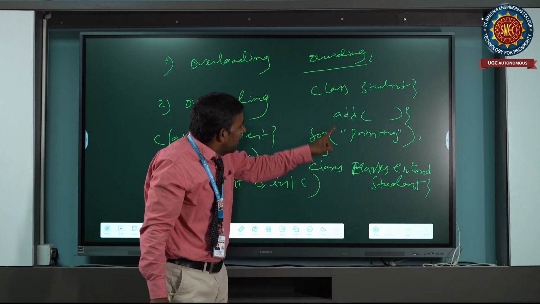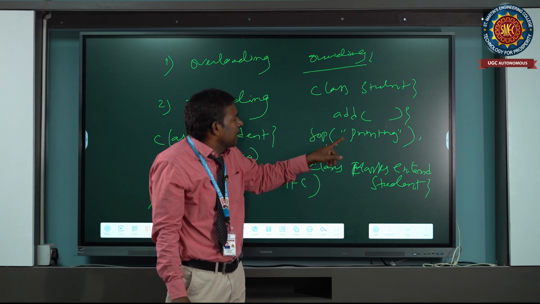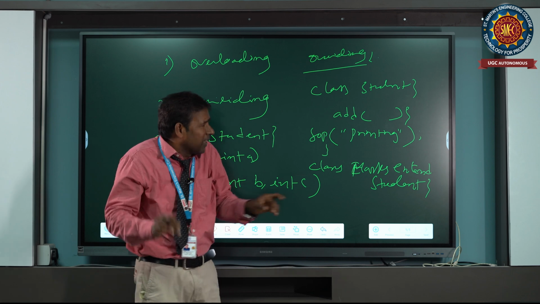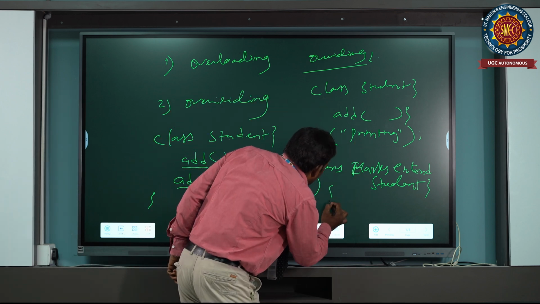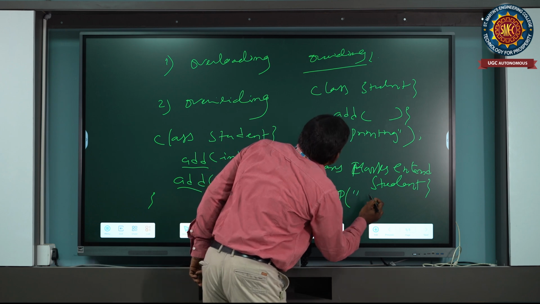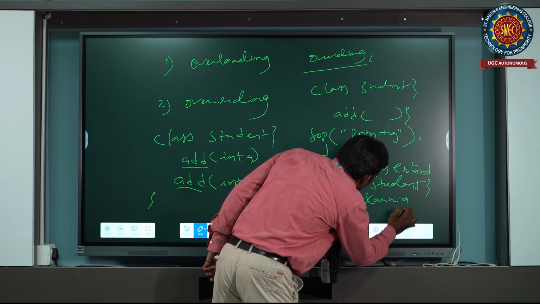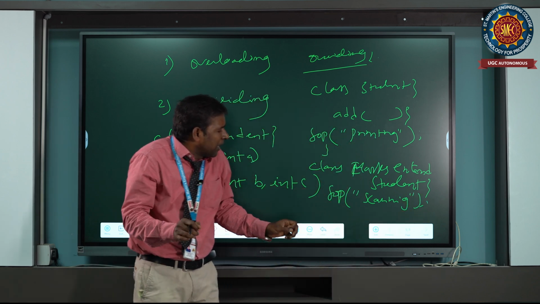And change the functionality. What is meant by overriding? The functionality here is printing. I don't want the printing. I want to change the functionality. That is called overriding. Now you write SOP of scanning. Why? Because I don't want to print this one. I want to print only scanning.